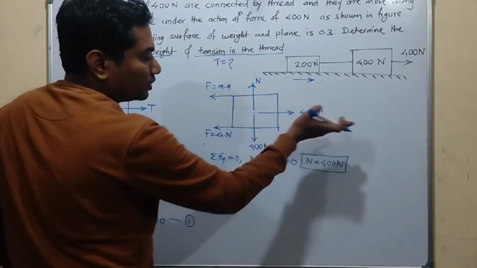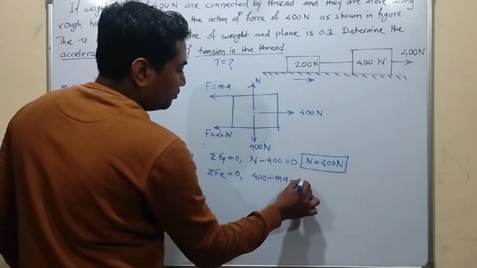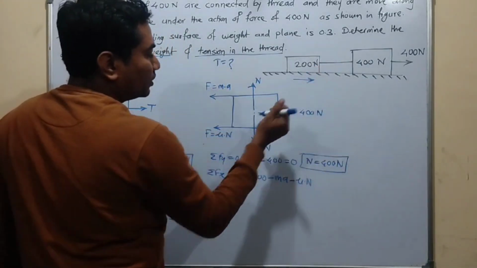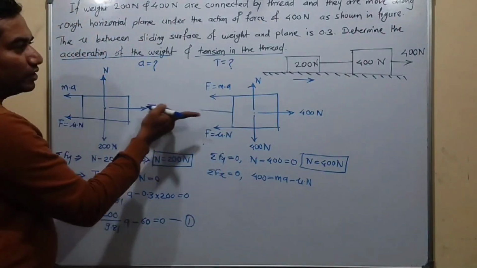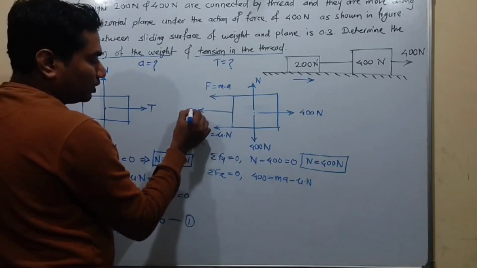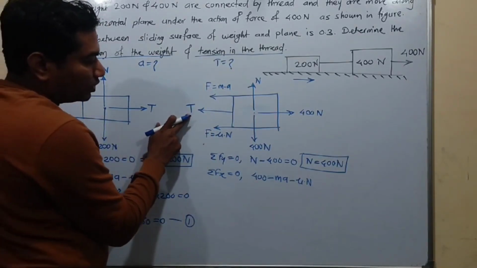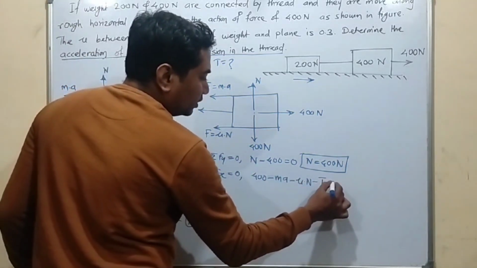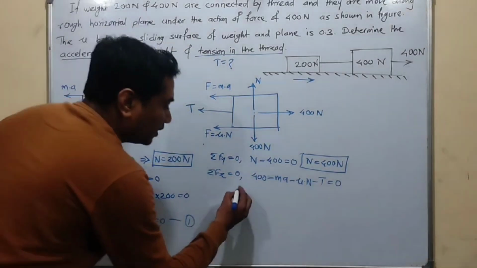So first force, that is towards right, 400 minus Ma minus mu into N. So we have to consider one another force, that is the force in the cable, and it is a tension. So now here we have taken tension towards right, so this tension will be towards left. So we have to consider this tension force also, and it is acting towards left, so it is minus T is equal to 0. So now we will simplify this.